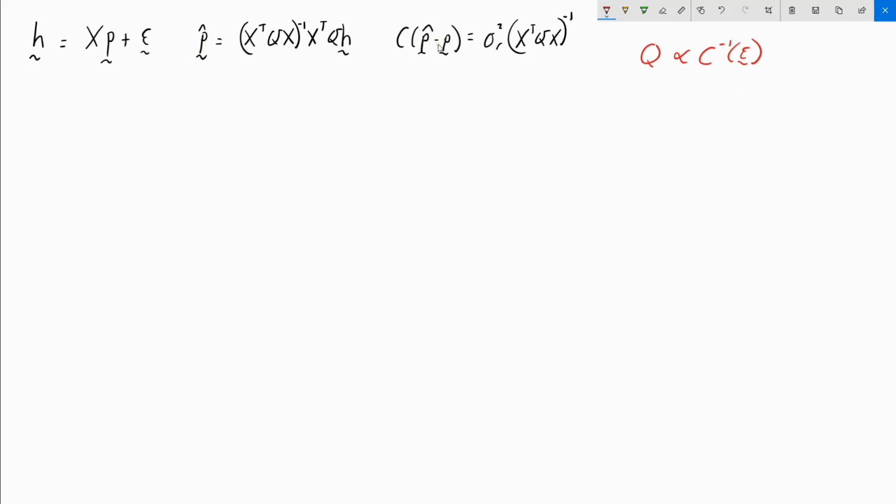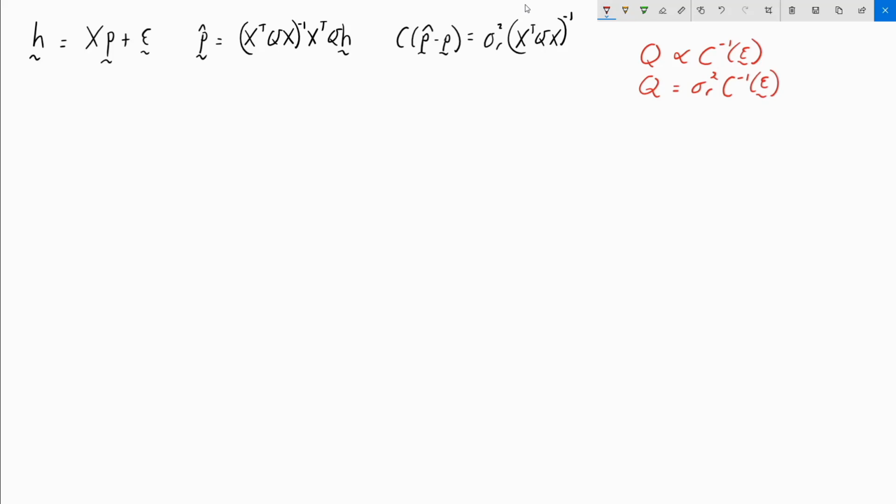We've minimized our potential for parameter error. So that is, we choose Q equals sigma r squared C^-1 of epsilon.